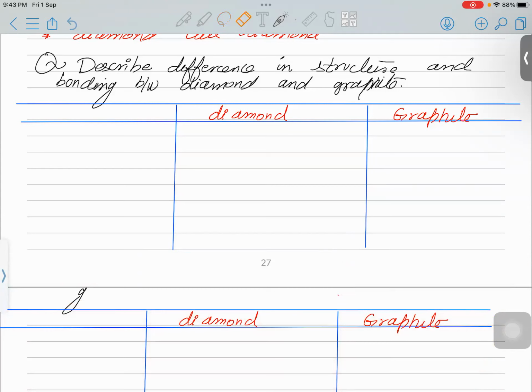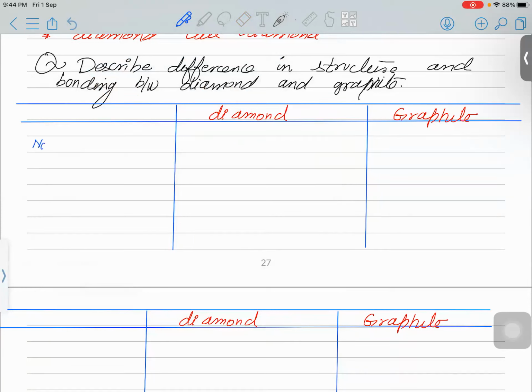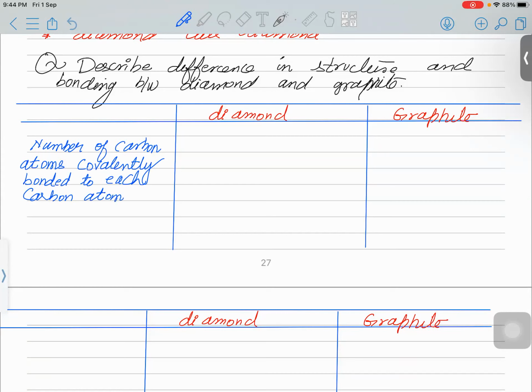First is the number of carbon atoms covalently bonded to each carbon atom.